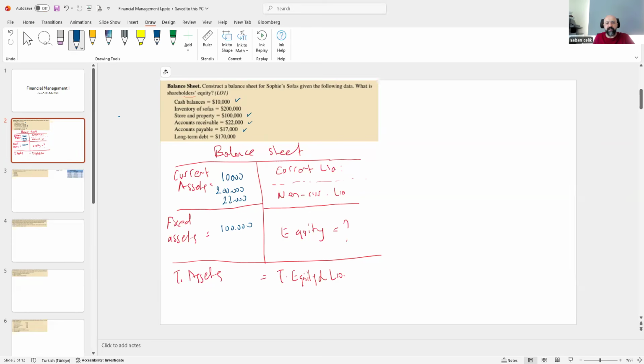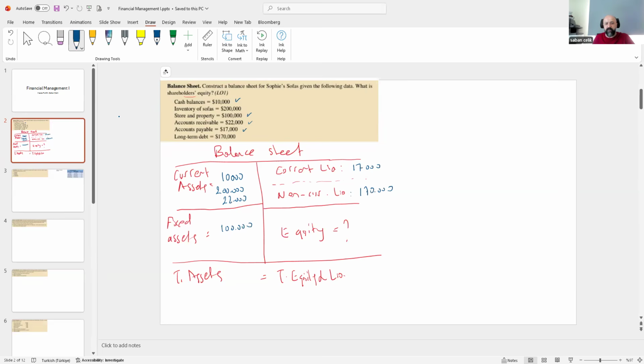Account payable, which is current liability, 17,000. Long-term debt here, 170,000. So that's it.